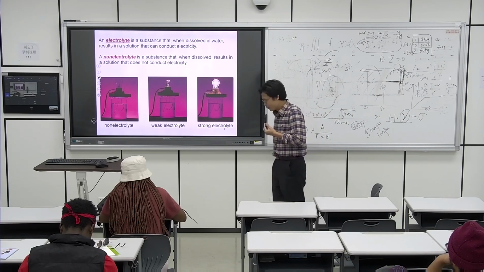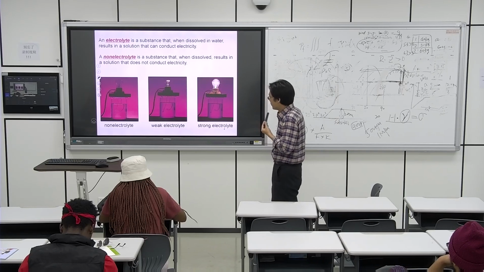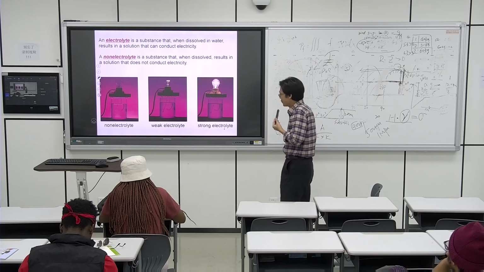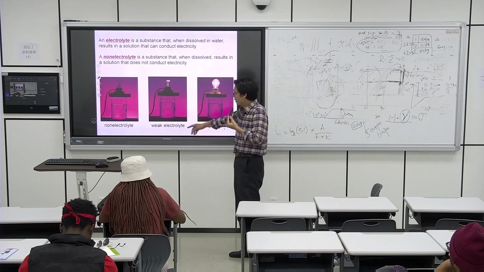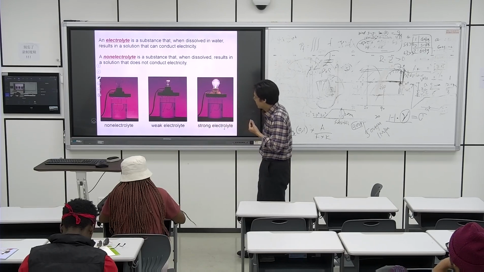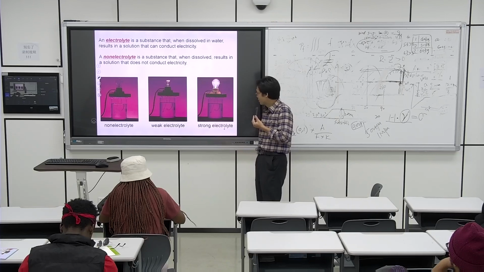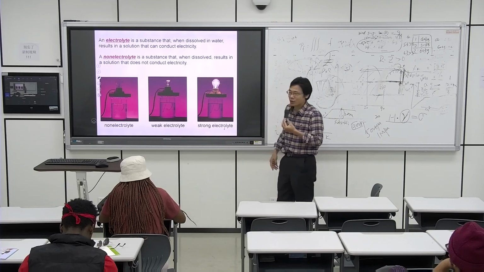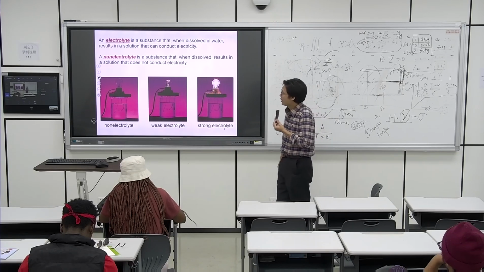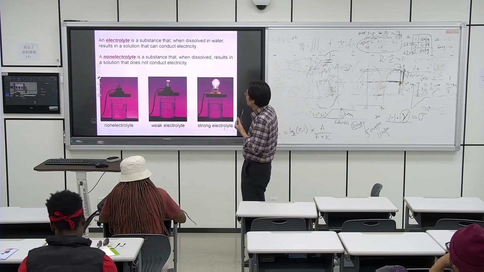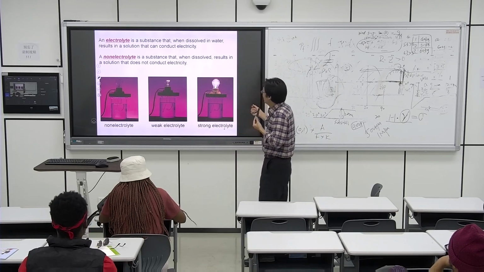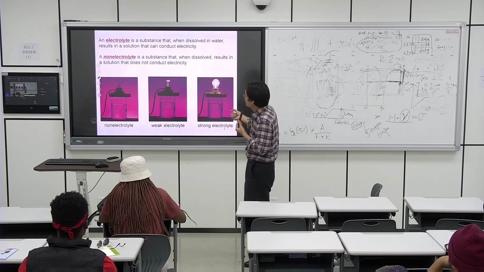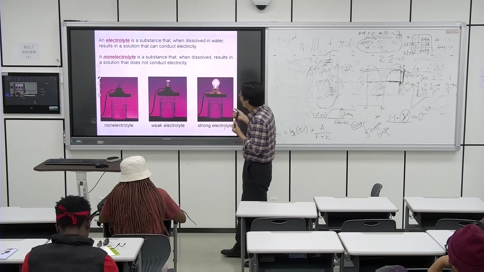For solutions, there are three kinds: non-electrolyte, weak electrolyte, and strong electrolyte. An electrolyte is a substance that, when dissolved in water, results in a solution that can conduct electricity.